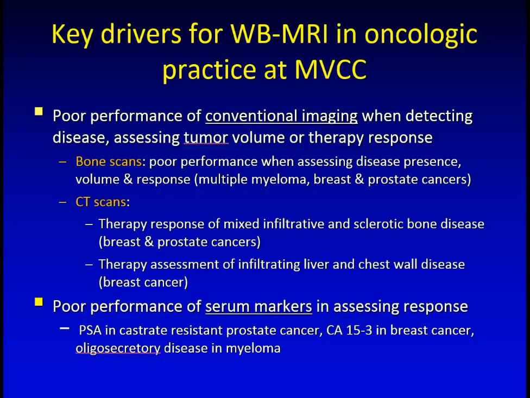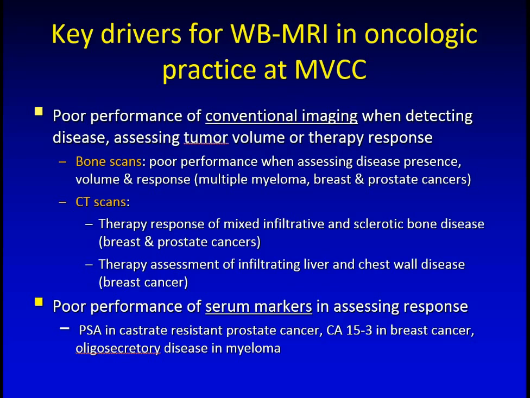So what is driving this performance in metastatic bone disease? We perform whole body MRI scans when conventional imaging performs poorly when it comes to detection, for assessing tumor volume and therapy response. And this is already what I've said to you.